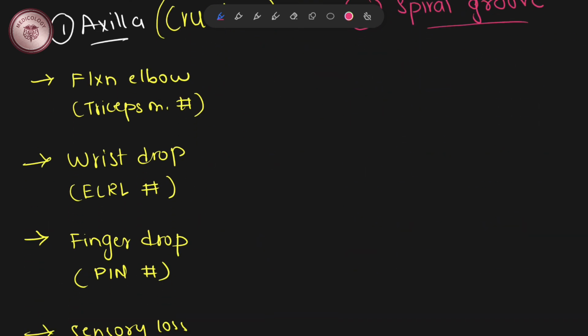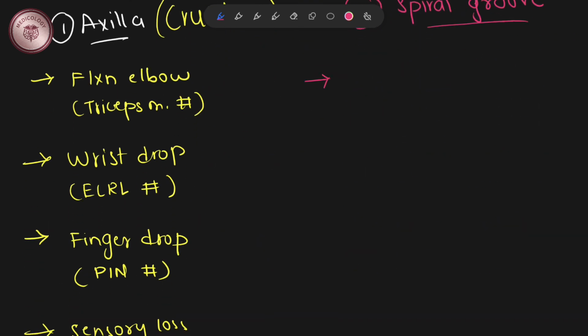So let's write it down. Not flexion, but weakness of extension of the elbow, because some muscles are not affected, they are spared.